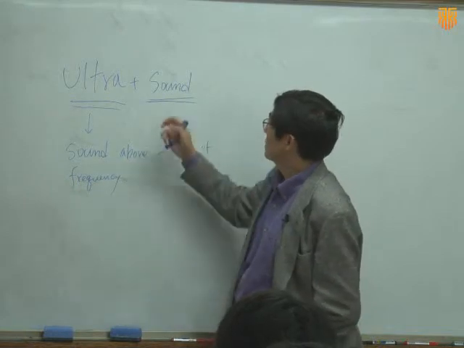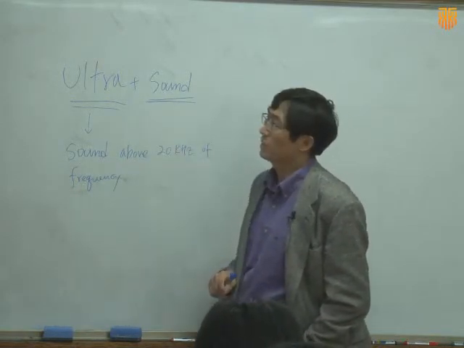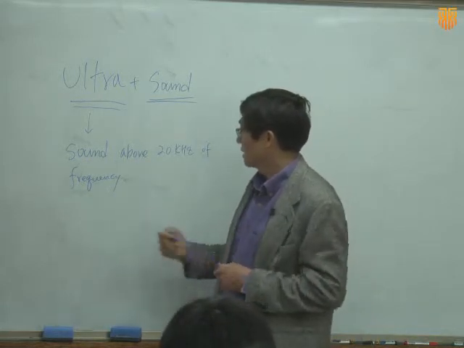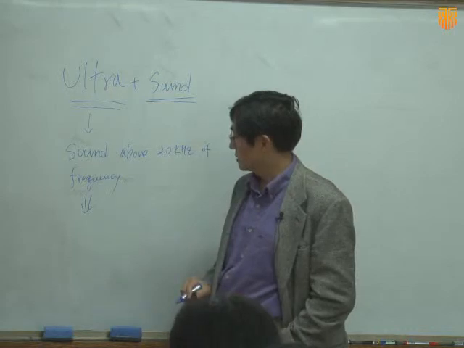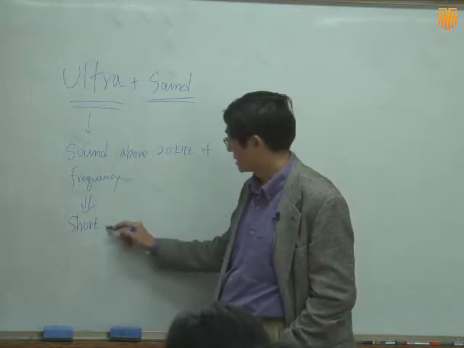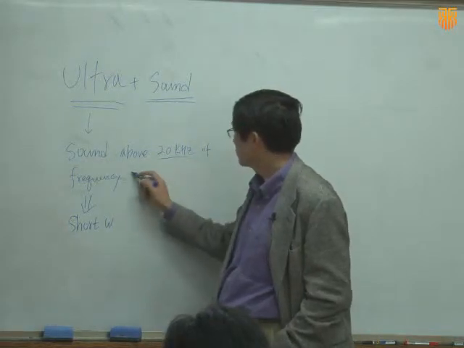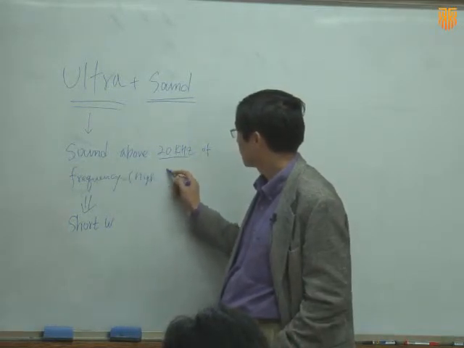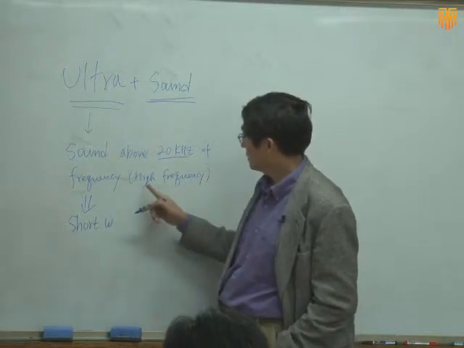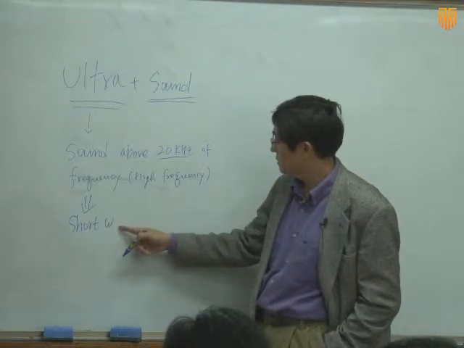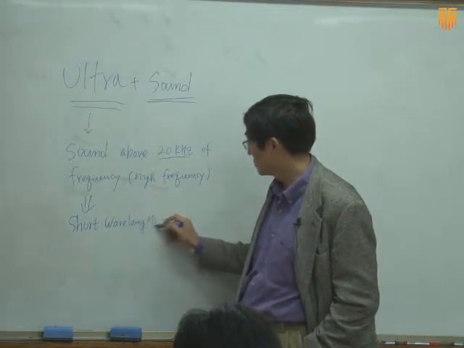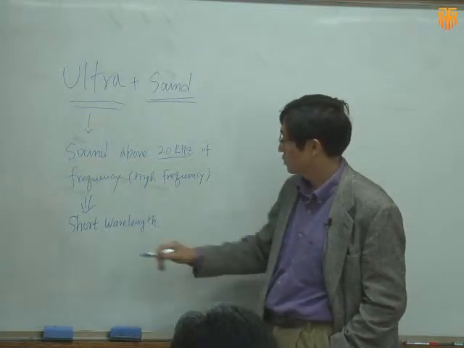We're going to basically learn about sound theory, but with short wavelengths. What it means is, high frequency means short wavelengths. You will learn about this relationship maybe next time.